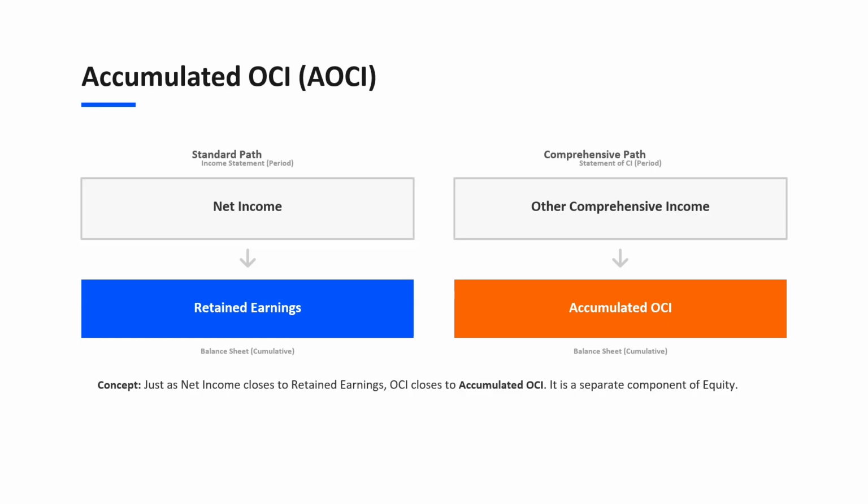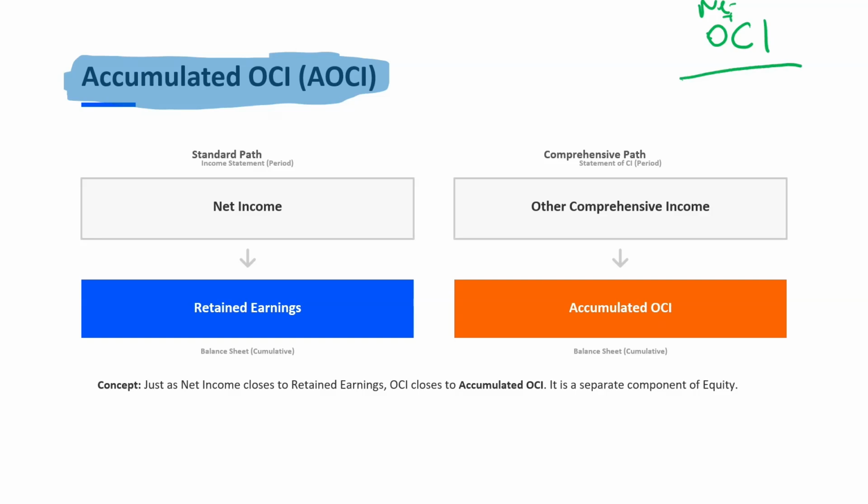Okay, now let's talk about something called accumulated other comprehensive income. At this point, everyone thinks, what are those terms? What are the differences? Because they all sound the same. So the first one, remember that we had the other comprehensive income, which was like net income plus other comprehensive income. Then we would reach the comprehensive income statement.